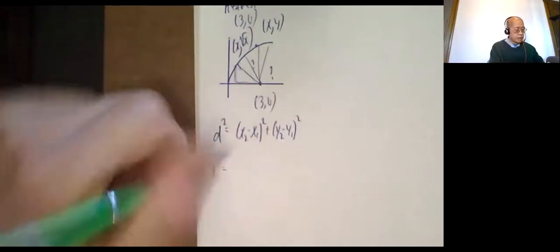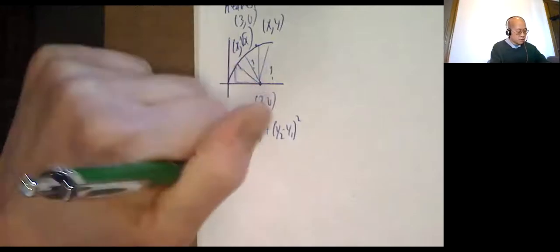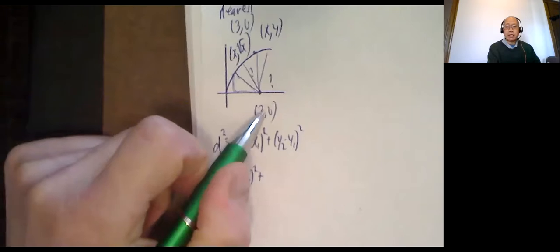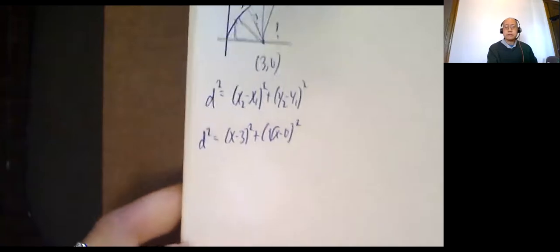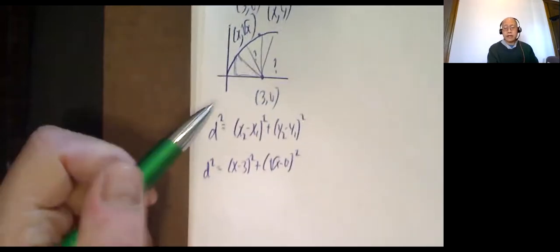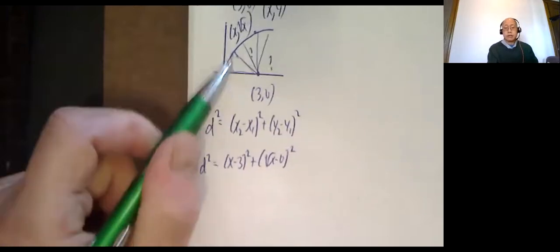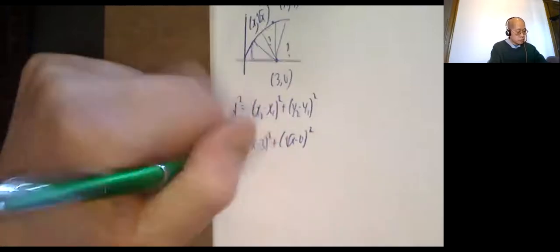So distance squared is, okay, so I subtract the x's, x minus 3 squared plus subtract the y's, radical x minus 0 squared. Okay, so that's a distance formula. We had that a long time ago. If you want to put this on your cheat sheet, you may. Okay, so x minus 3 squared plus radical x minus 0 squared.